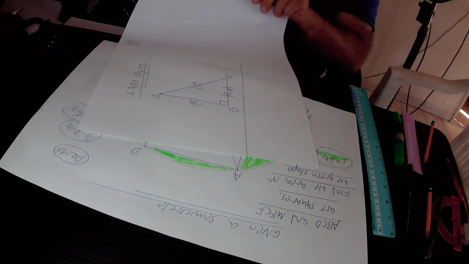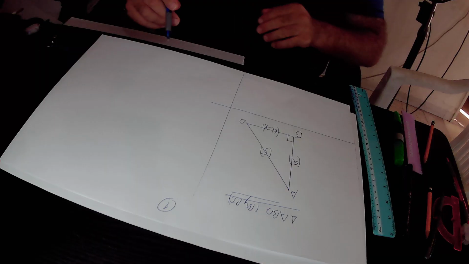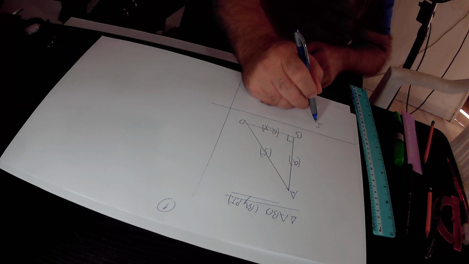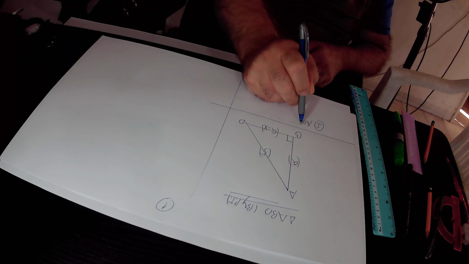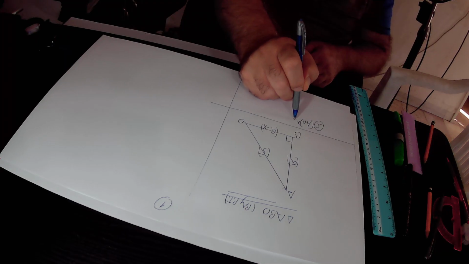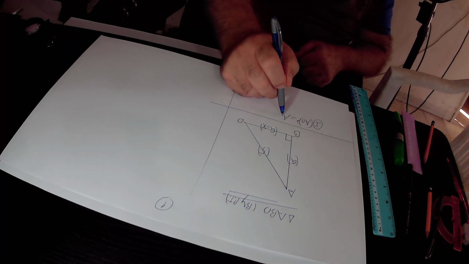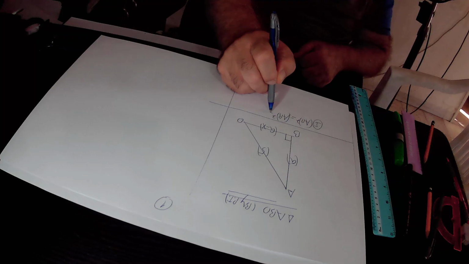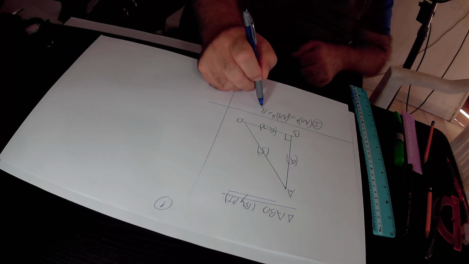According to equation 1, AO squared, that is the square of the hypotenuse, is equal to AB squared plus BO squared.